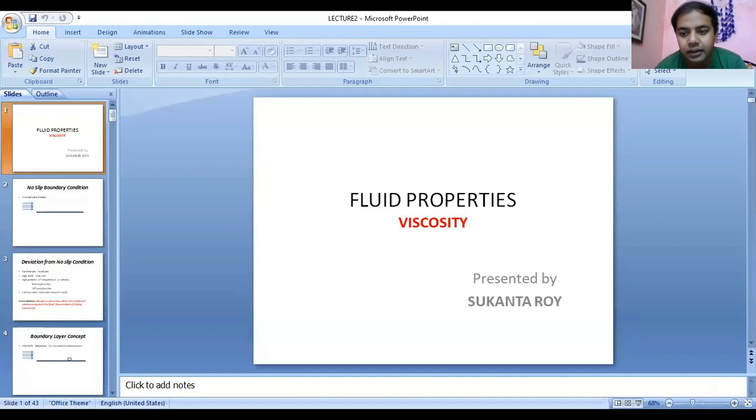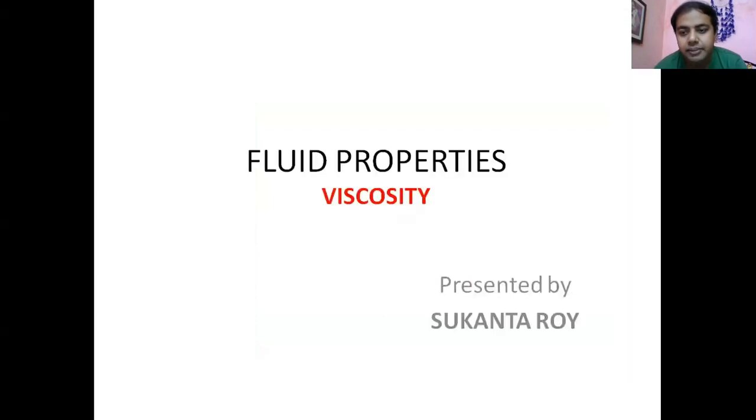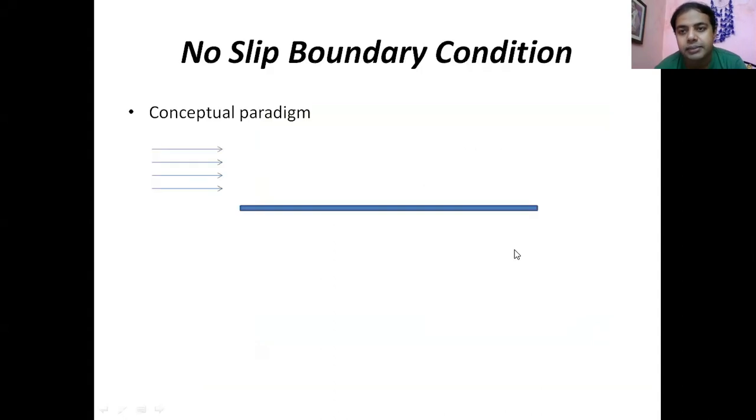What is the nature of this property? Everything we'll see one by one. So directly we are going to the slide and we'll see how this property looks. As already mentioned, only when the fluid is in motion is the viscosity property working.